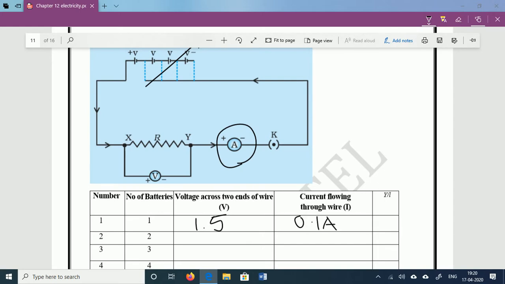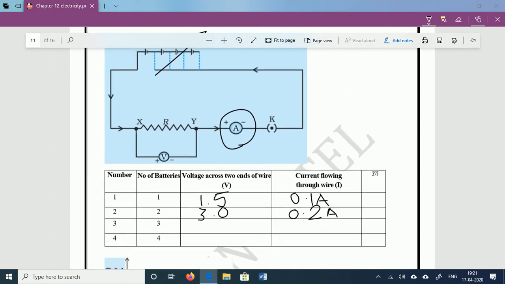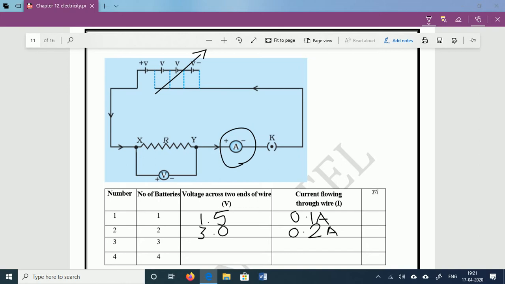Later he increased the battery, installing one more cell, and the voltage increased to 3.0. He checked the current with the ammeter and observed that the current became 0.2 ampere. Then he added one more cell, so the voltage became 4.5, and the current became 0.3 ampere.